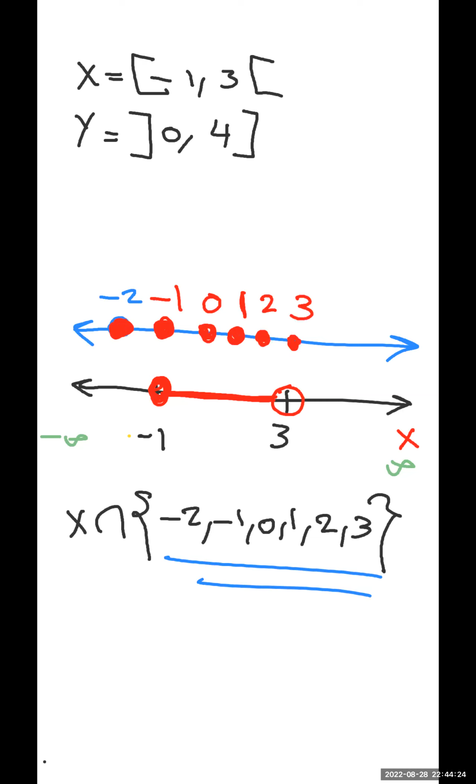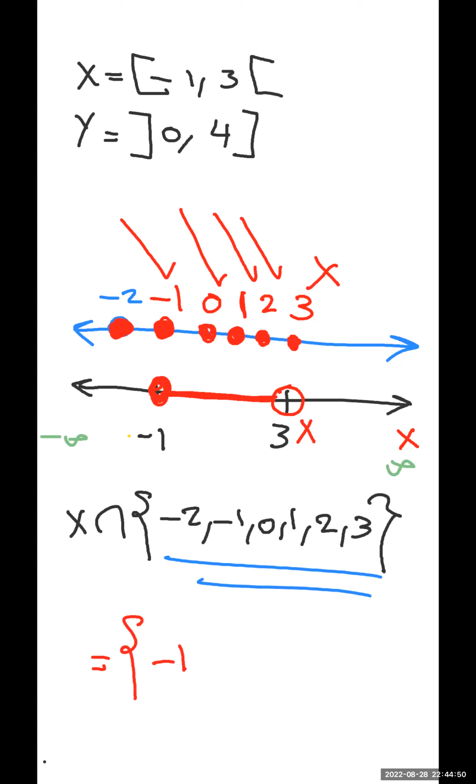So now, what do you think? What will be the intersection? -1 is in the intersection, 0 is, 1 is, 2 is, 3 no, because it doesn't belong here. So it's only points, not an interval. So the set of -1, 0, 1, 2, done.